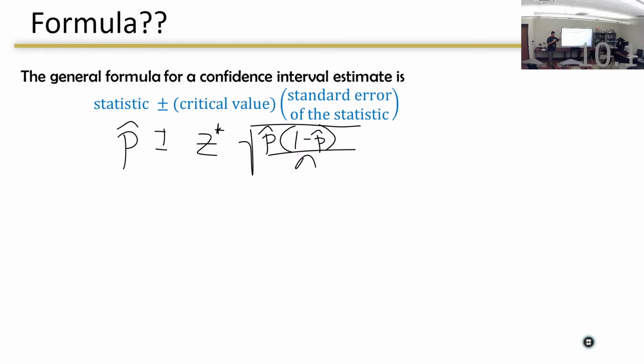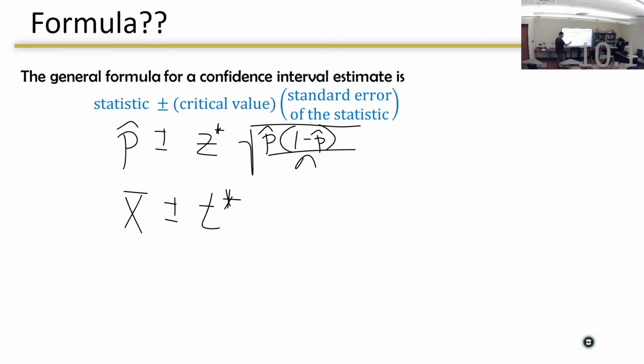Now what we're going to be doing instead of proportions, we're going to be dealing with means. And so when I deal with means, that's going to be x bar. And this is the first change I got to talk about. The critical value will not be z. We're changing the critical value to t's.